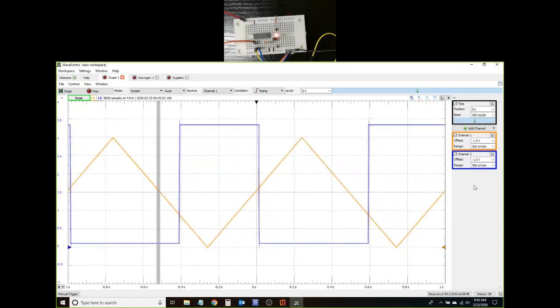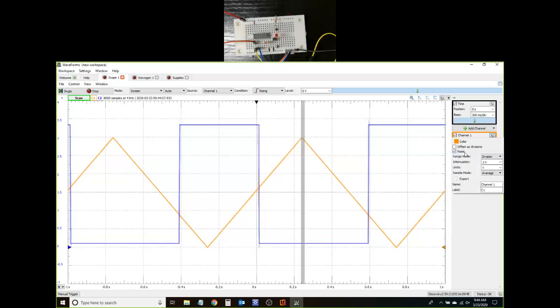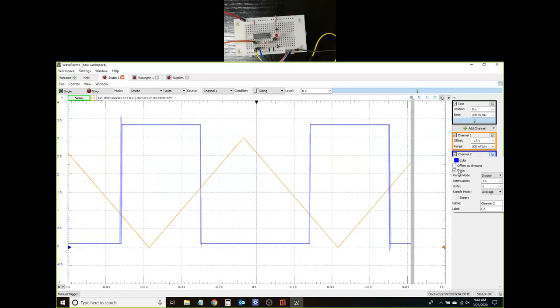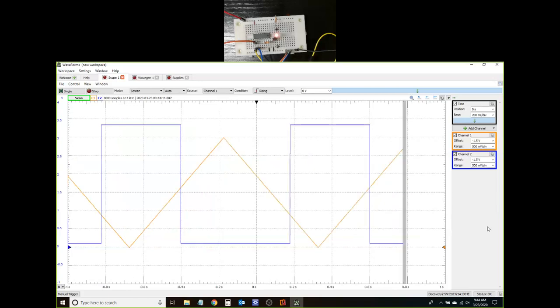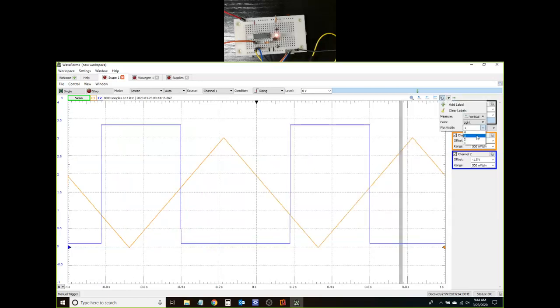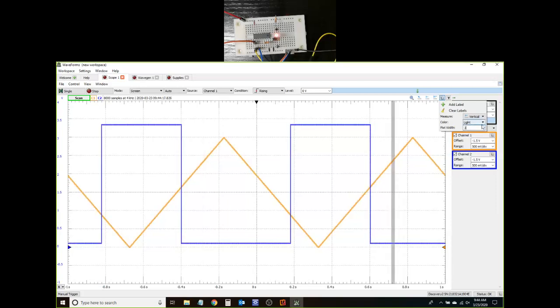So they're both 500 millivolts per division on the range, and they are both doing -1.5 on the offset. Let me turn off noise on both of them, and that's your clean signal. I can probably make the plot width perhaps 3 or even 4 is better. 3 was very good.